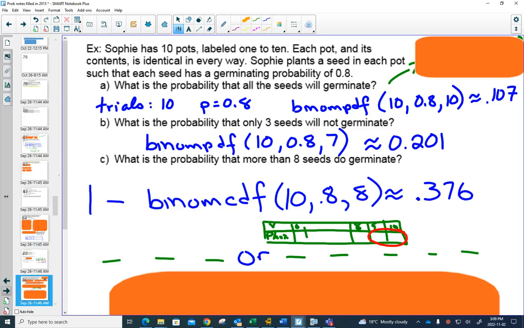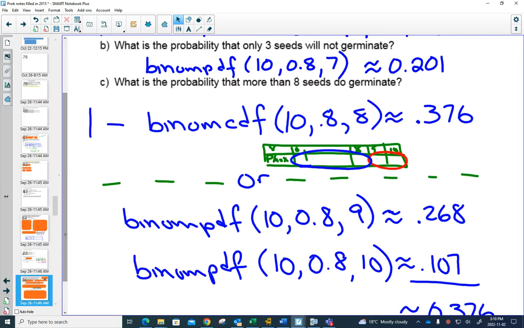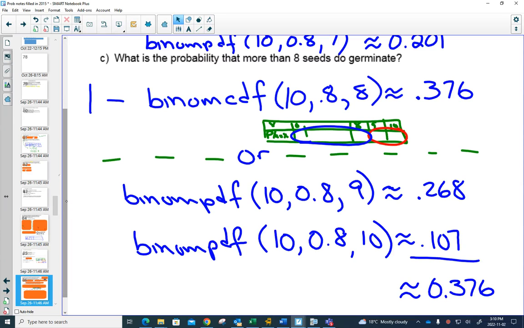Does that make sense? So you could use the binom CDF, and this part right here, 0 to 8 would get subtracted from 1, then you'd be left with the red. Or you could have just added up the 2 that were 9 and 10 separately, and you would get exactly the same answer.